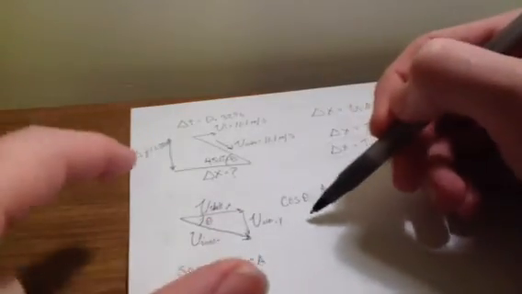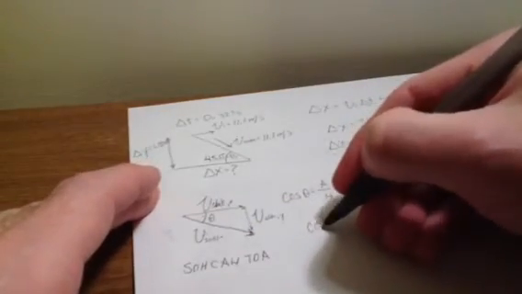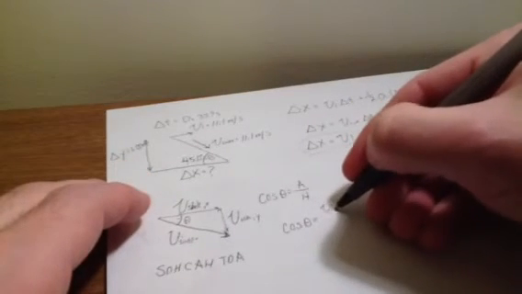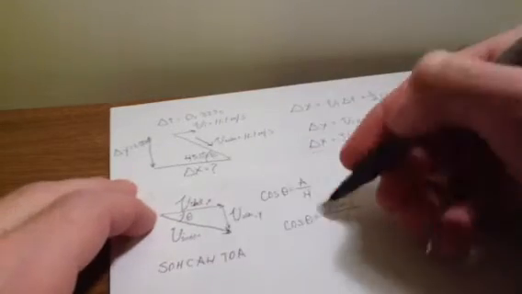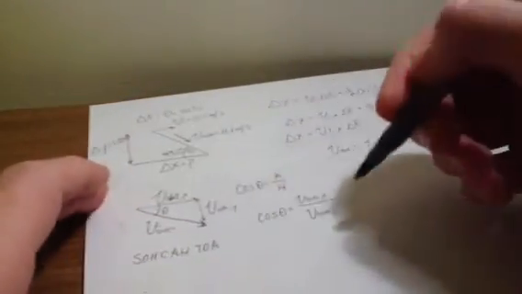With our little diagram here, it's cosine theta equals our adjacent, the speed on the slide in the x, divided by just your speed on the slide. That's the overall speed, the resultant or the net vector.